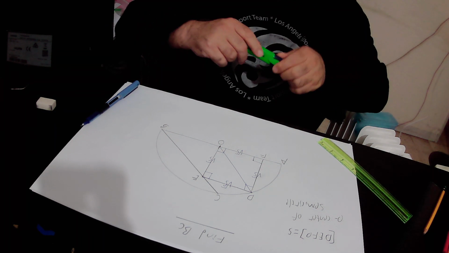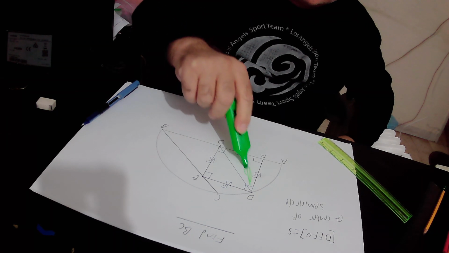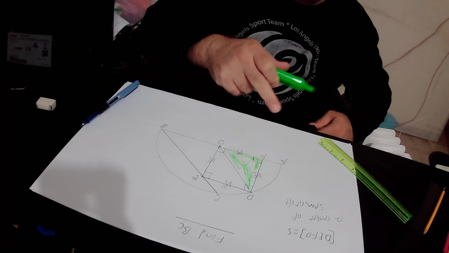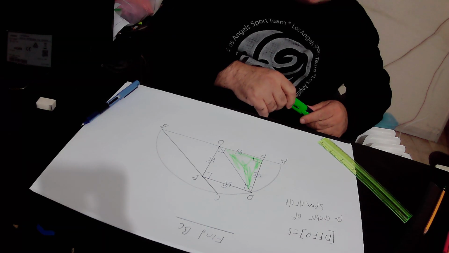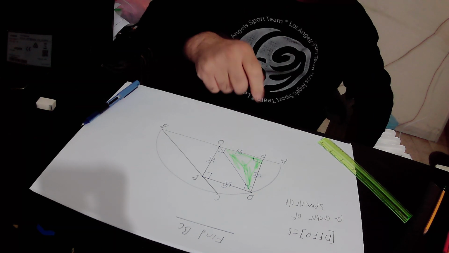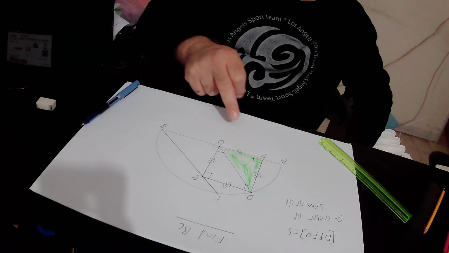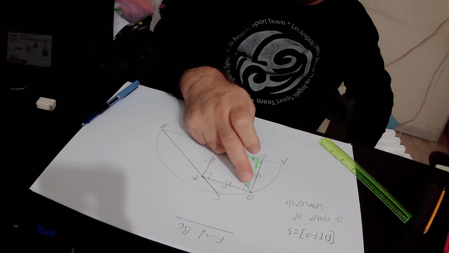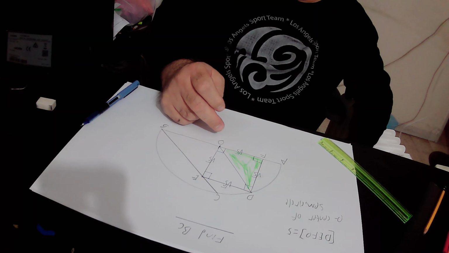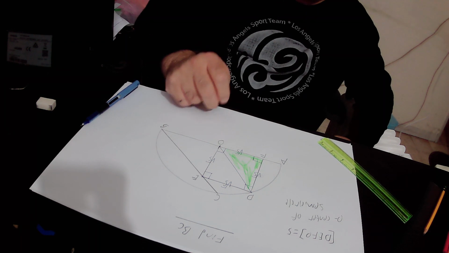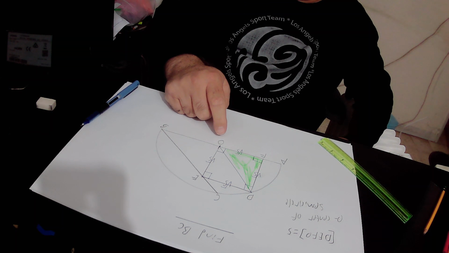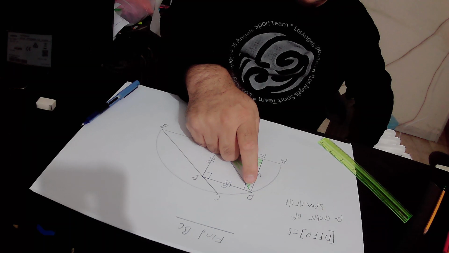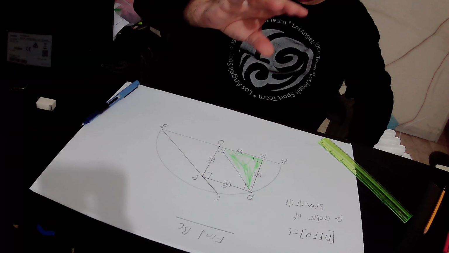This green triangle is a right triangle because angle DFO equals 90 degrees, and DO is the hypotenuse of the right green triangle DFO. But DO is also the radius of the semicircle. Why? Because point O is the center of the semicircle, and point E is on the semicircle itself. This is exactly the definition of a radius.